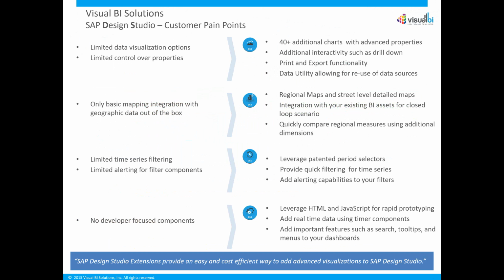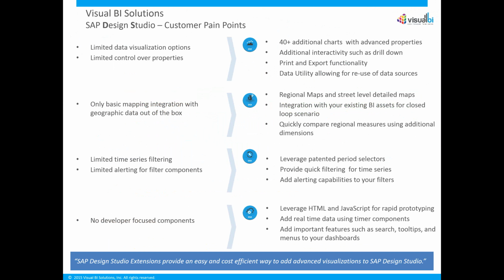The second area is mapping. You have probably seen that Design Studio in the latest version, release 1.5, does provide mapping as well, but if you start looking into it, you will notice that it is more basic functionality. We have offered mapping since Design Studio 1.3, with different kinds of maps.